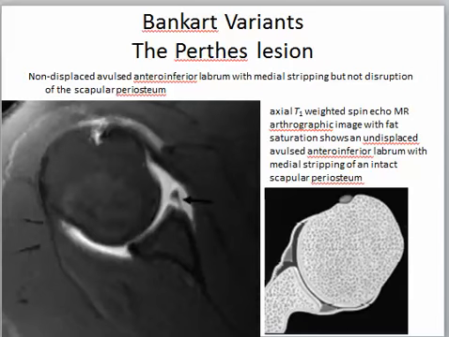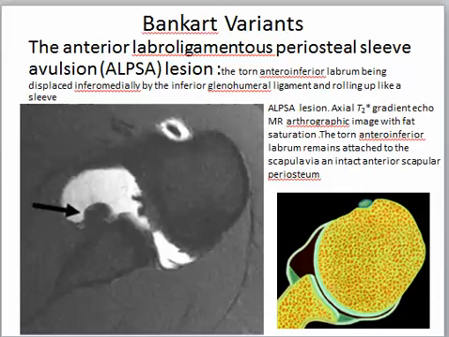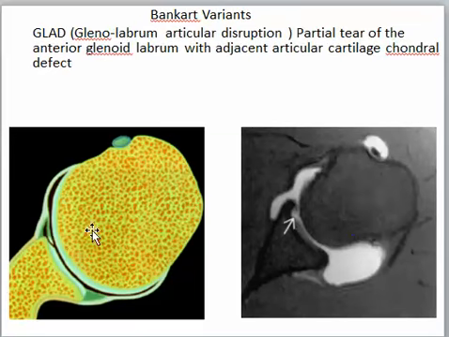This is Perthes, no displacement. This is periosteal sleeve avulsion. It is displaced. And this one is non-displaced again like Perthes, but involving the articular surface.